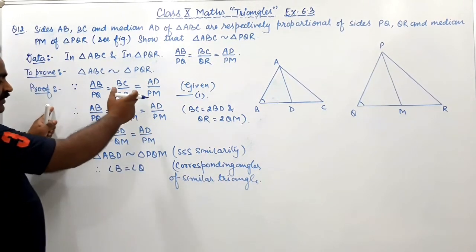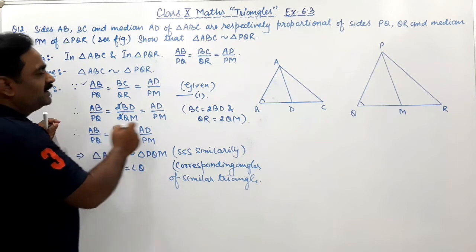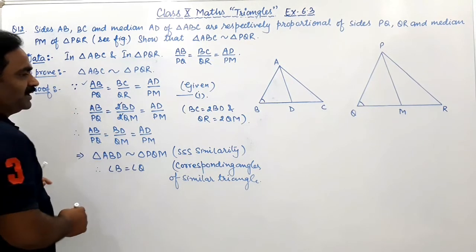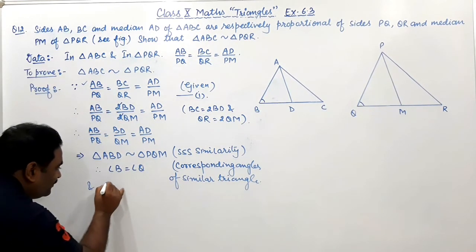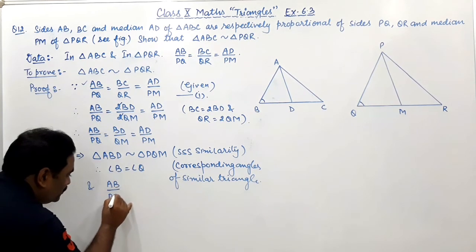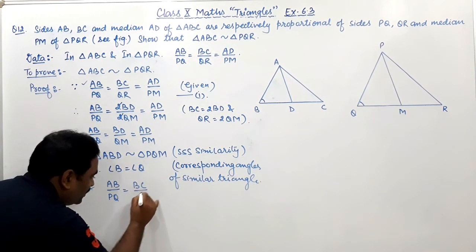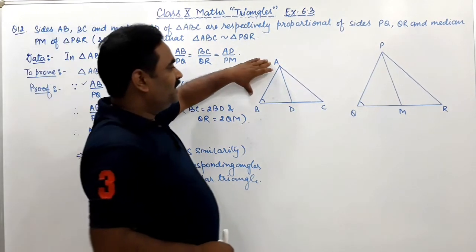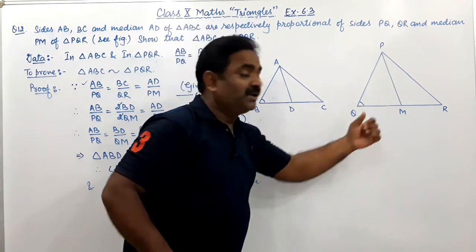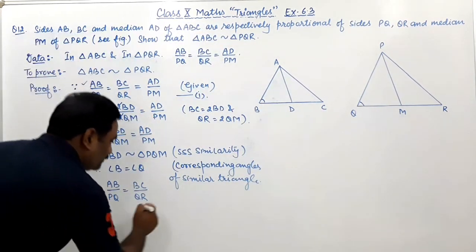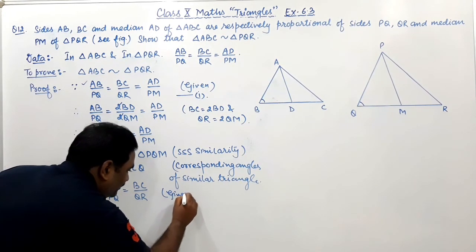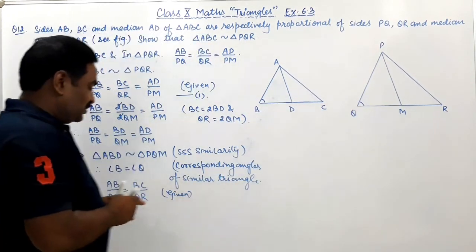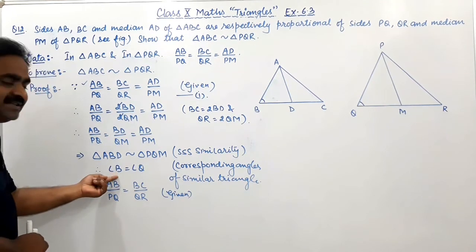And from equation first you just see AB upon PQ equals BC upon QR, and we have AB upon PQ equals BC upon QR, right? What did we get? AB upon PQ equals BC upon QR. It was already given, and the angles are equal. We just found this. So the corresponding sides are in the same ratio and one angle is equal.